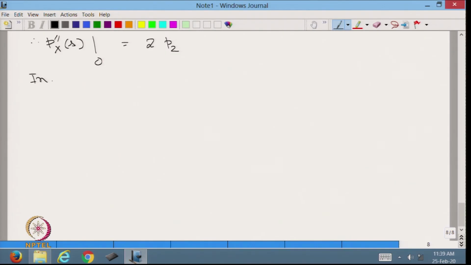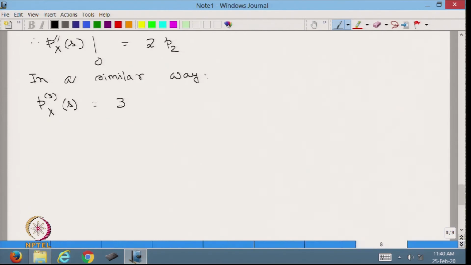In a similar way, the third derivative of the probability generating function is equal to 3 into 2 into P3 plus 4 into 3 into 2 into P4 s etcetera.